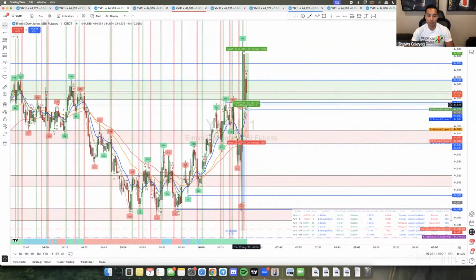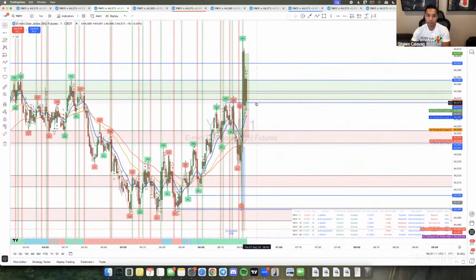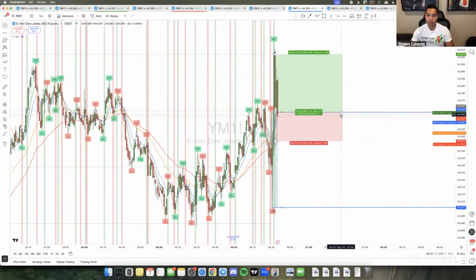We're currently in the supply zone, supply slash resistance. But you guys can see here how price is kind of bouncing back and forth. This is because of what I just mentioned, right? So I'm playing it safe here. See how market here is super choppy. It's not a smooth push all the way up.